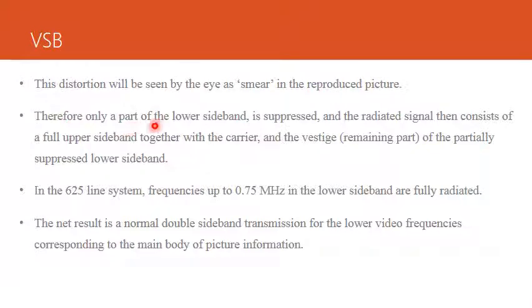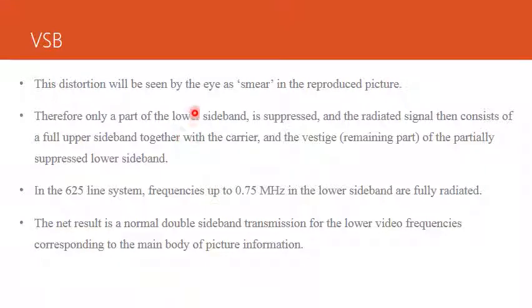Therefore, only a part of the lower sideband is suppressed, and the radiated signal then consists of a full upper sideband together with the carrier and the vestige of the partially suppressed lower sideband.